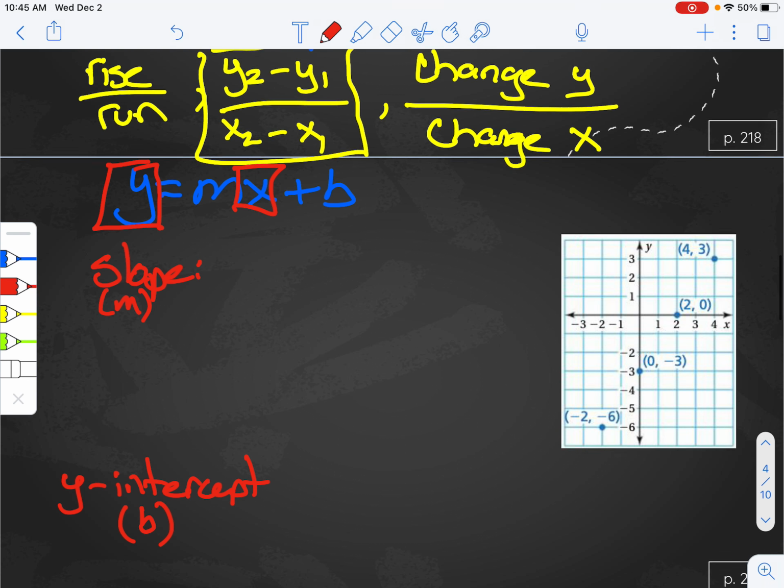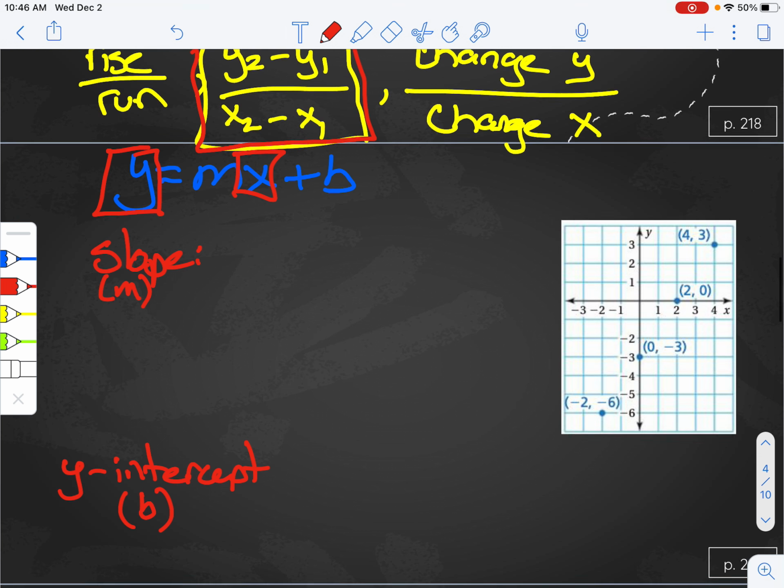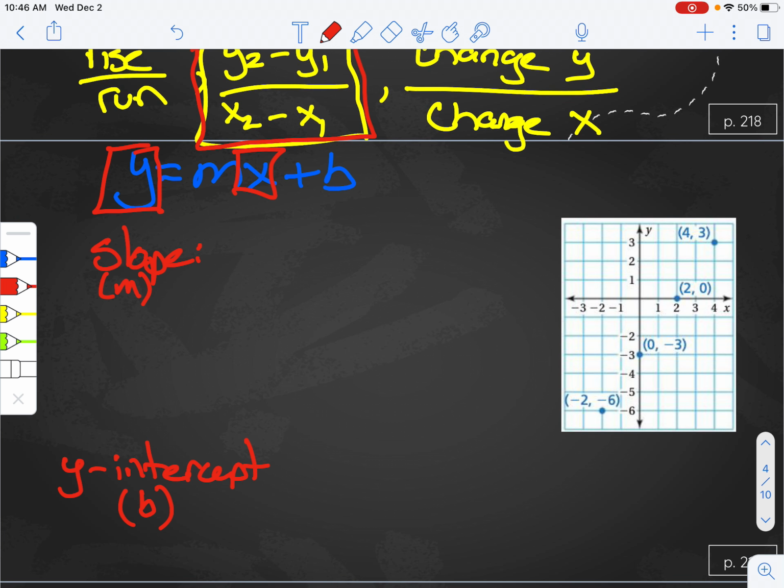So let's start with the slope. If we are going to find the slope, I talked about this formula right up here, y2 minus y1 over x2 minus x1. All that means is that if we have our line, we can sketch in a line here. That's not bad. We need to just choose any 2 points that are on our line. Any 2 points.